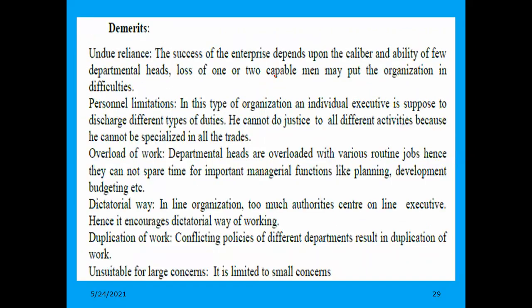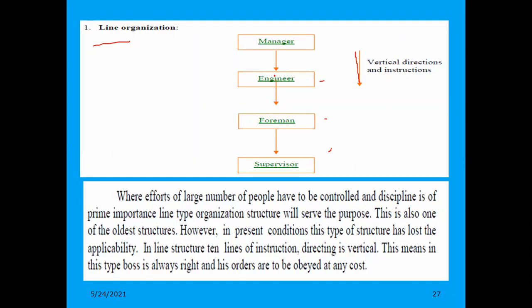So in this line organization, if you take an example of manager, manager కింద ఇంజనీర్ ఉన్నాడు, ఇంజనీర్ కింద ఫోర్మెన్ ఉన్నాడు, ఫోర్మెన్ కింద సూపర్వైజర్ ఉన్నారు, సూపర్వైజర్ కింద వర్కర్స్ ఉంటారు, right? So here the information is passing vertically downwards.